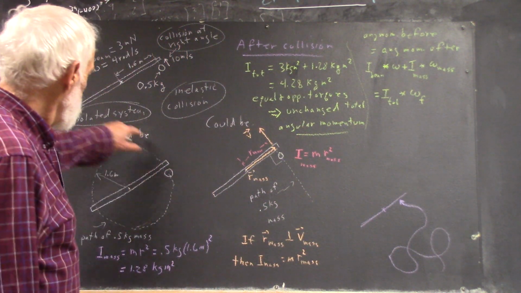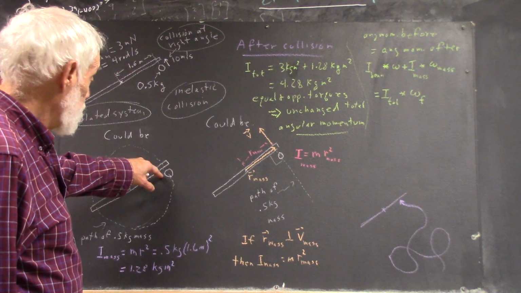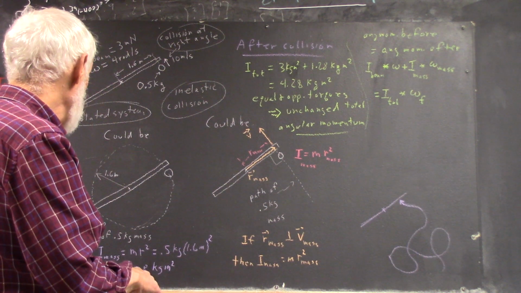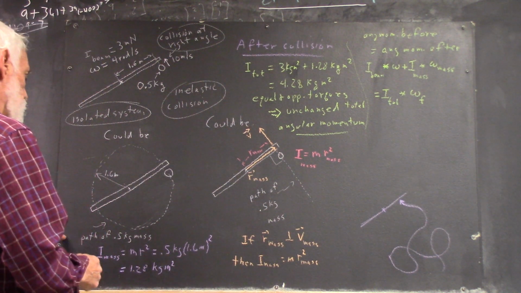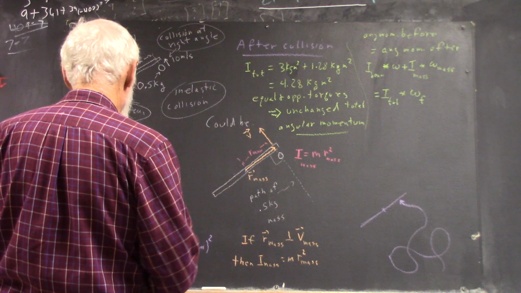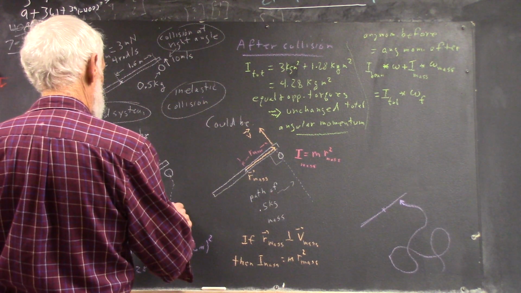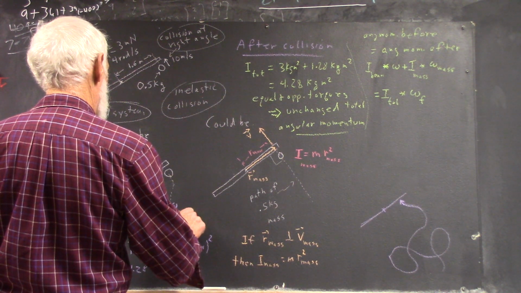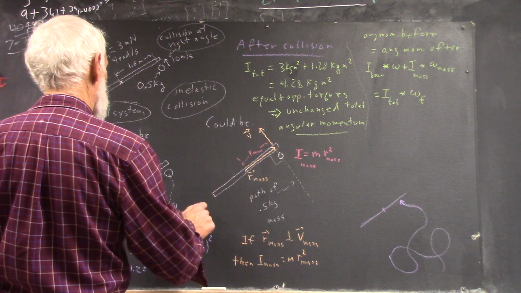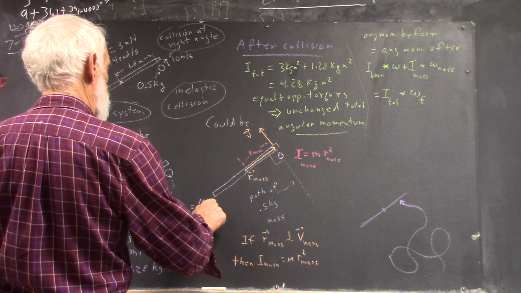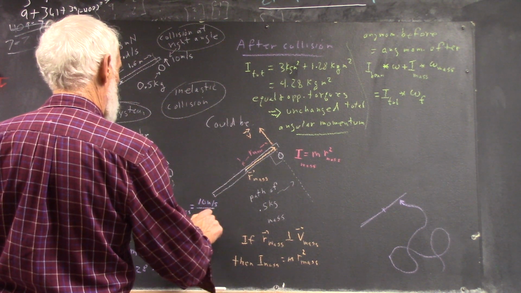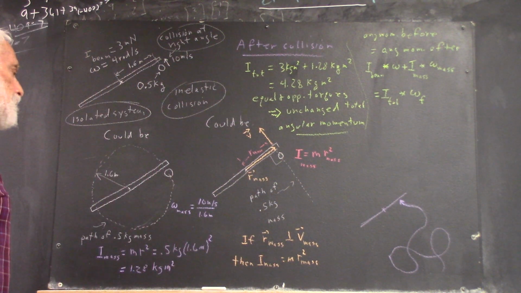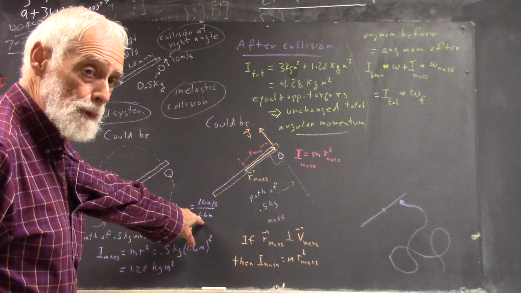Now, we do need to figure out the angular velocity of this mass before collision. Well, that's easy. In this case, we can say that the angular velocity of the mass equals 10 meters per second over 1.6 meters. And this is a bit of reasoning.